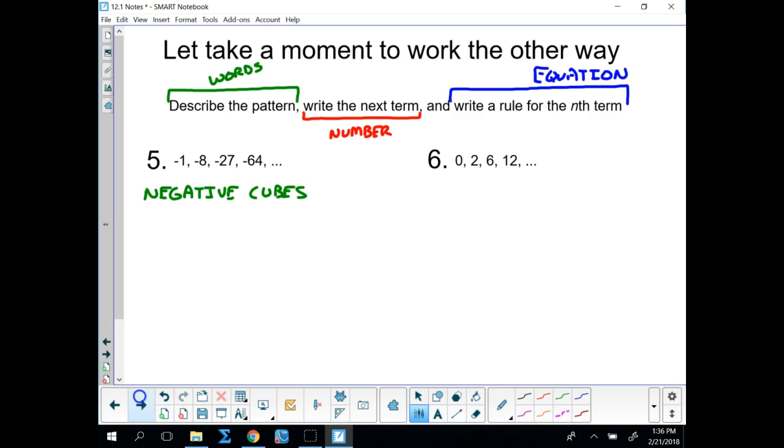Put it into my sequence. 3 cubed is 27, then it's negated. 4 cubed is 64, then it's negated. So my next term would then be 5 cubed, which is 125, and then negated. So my next term would be negative 125.